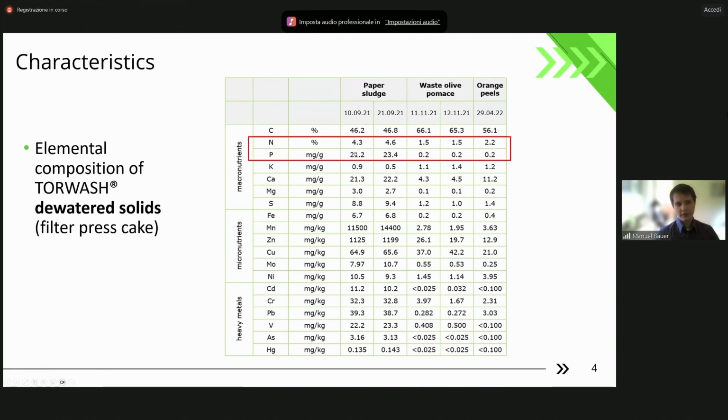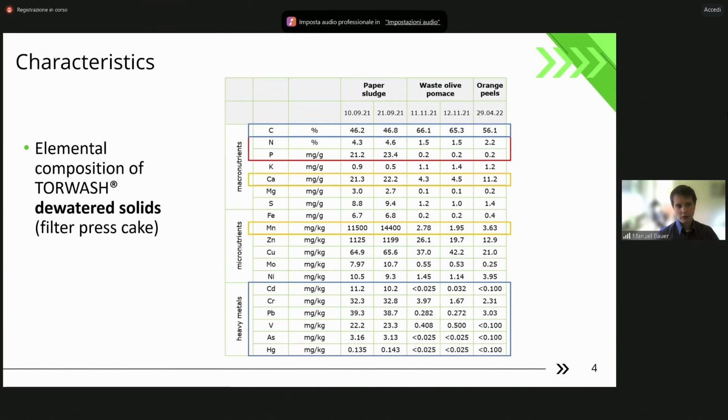Here you can see that in the paper sludge solid, you do have like 100 times the amount of phosphorus compared to the other 2 biomasses, which was quite interesting. If you look at other minerals, it's not, I heard this before, it's not mainly heavy metals, they're also in, but we also have a lot of manganese, for example, or calcium and magnesium and so on. So those are minerals which we can find in those biomasses.